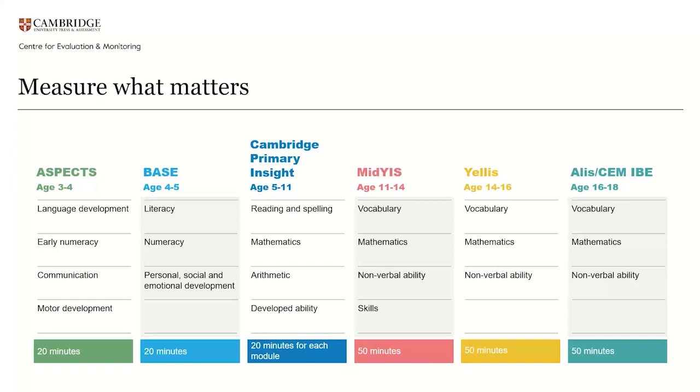A lot of the content there relates to non-verbal reasoning and problem solving. Each module takes about 20 minutes for a student to complete, and each module can be taken in one combined session or in individual sessions. Totally flexible to suit your timetabling requirements and the practical setup in your school.